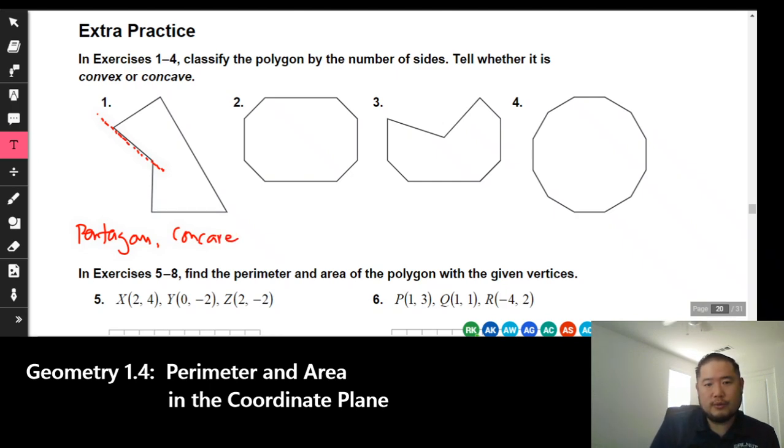For number 2, if I were to do my tests, right, doesn't go in, doesn't go in, does not extend inwards. So that should tell me right here, this is convex. Looking right here, how many sides? 1, 2, 3, 4, 5, 6, 7, 8. We have an octagon.